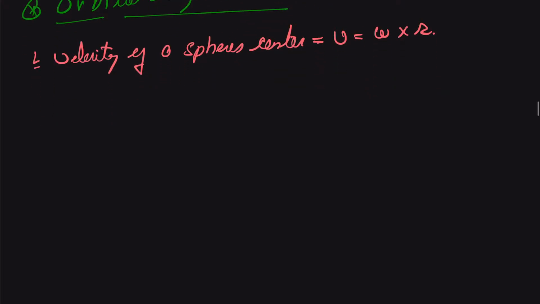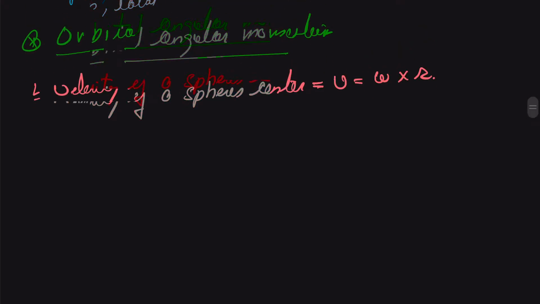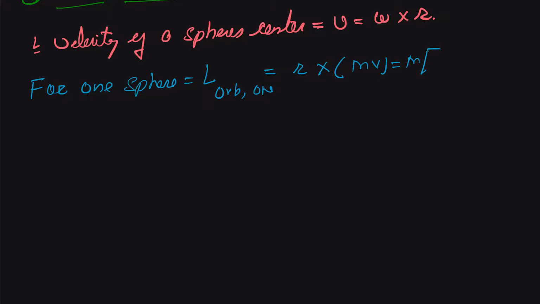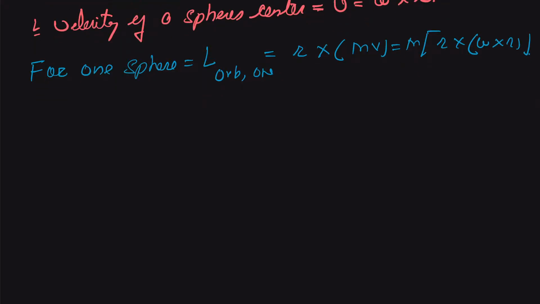Therefore, the orbital angular momentum for one sphere, L orbital 1, will be r cross mv, and since we already know v, we can take m outside, so this comes as r cross (omega cross r). This is a triple product.